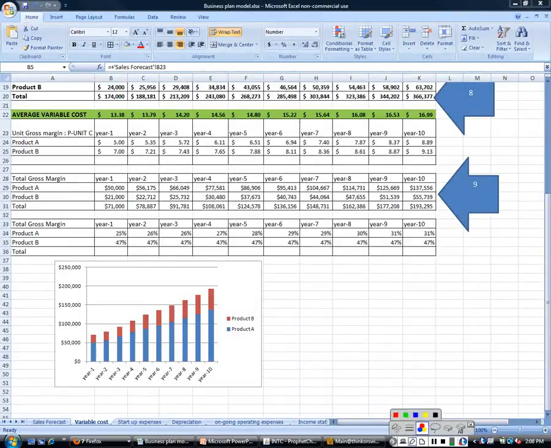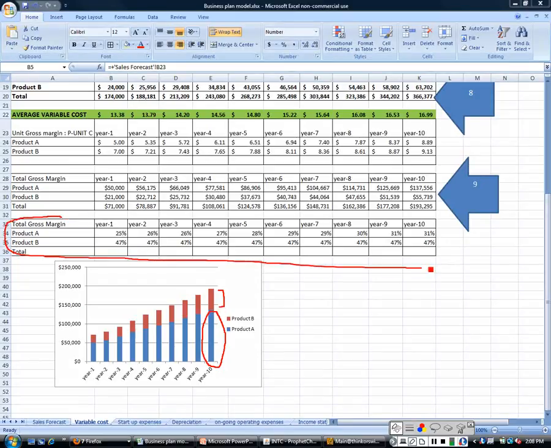In this hypothetical case, this business depends a lot on product A, so we have to pay a lot of attention to product A as we manage it. On the other hand, product B creates more gross margin per piece, based on the data I have. So I'm keeping an eye on which product line is giving me how much gross margin.